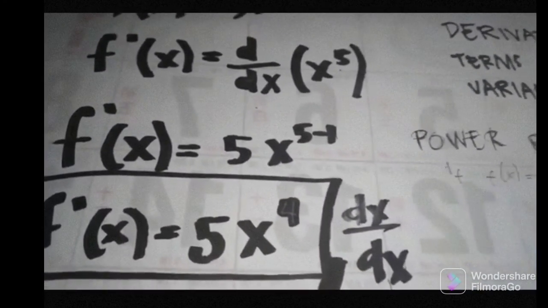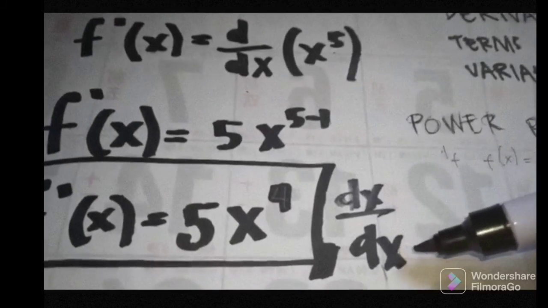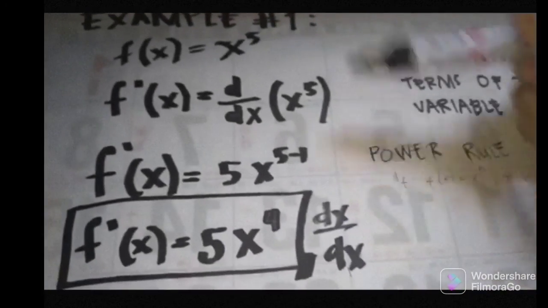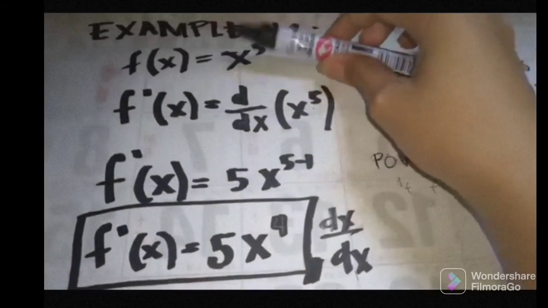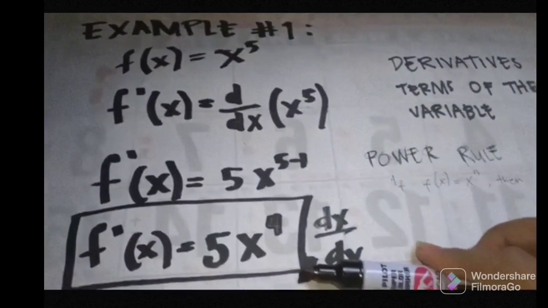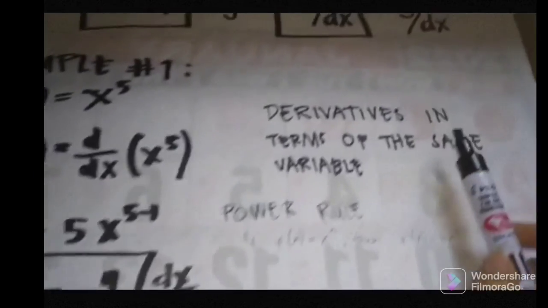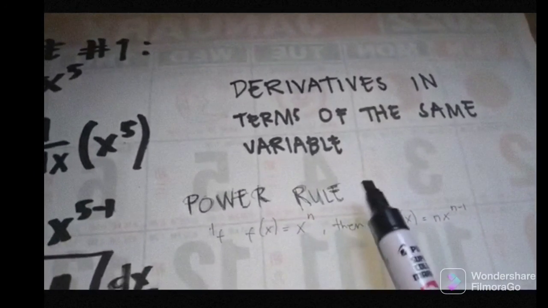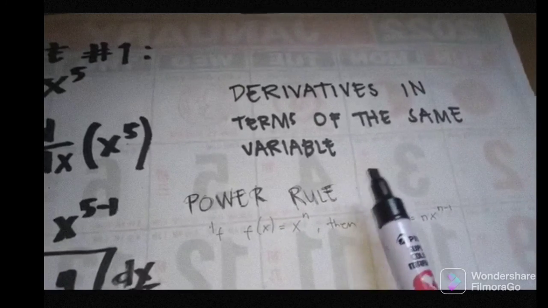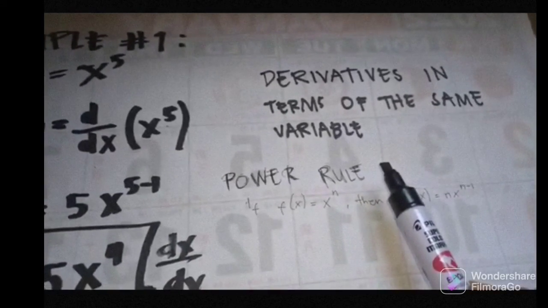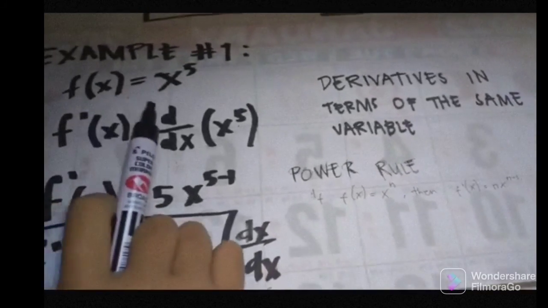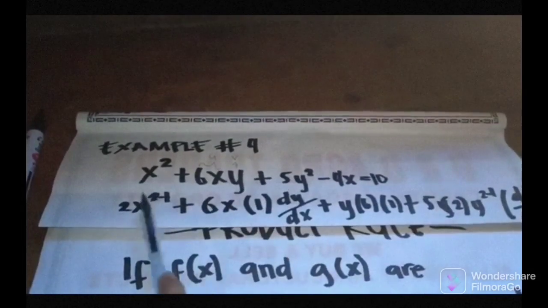Pwede ring wala na kasi dx over dx is equal to 1. So, this type of derivative is derivative in terms of the same variable. Kasi, isa lang variable ang nakikita natin in this function.